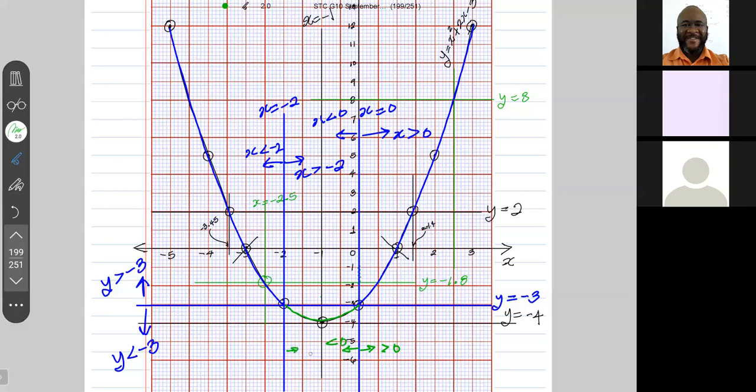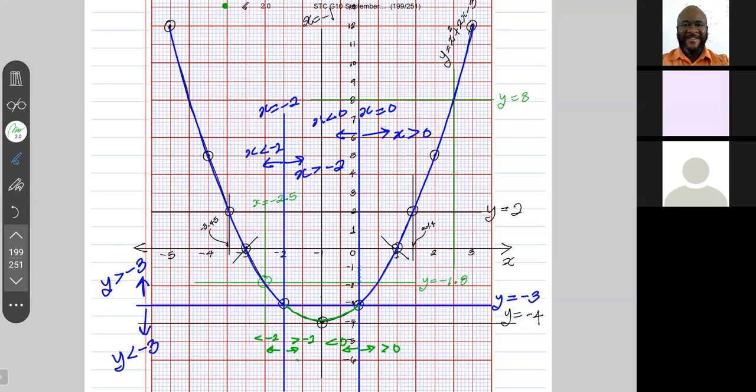Where x is greater than -2. Where x is less than -2.